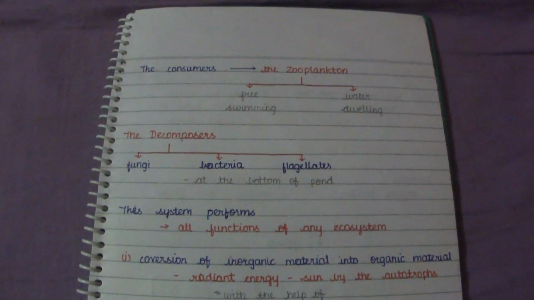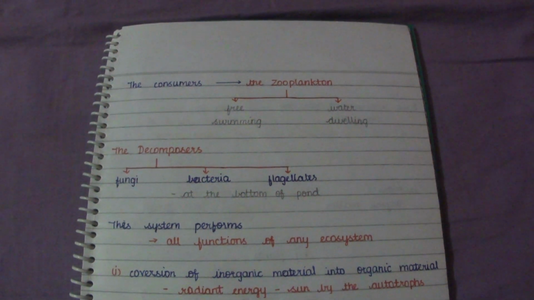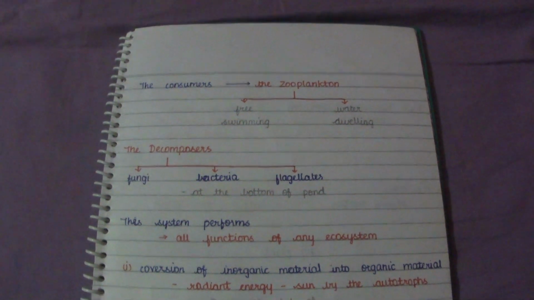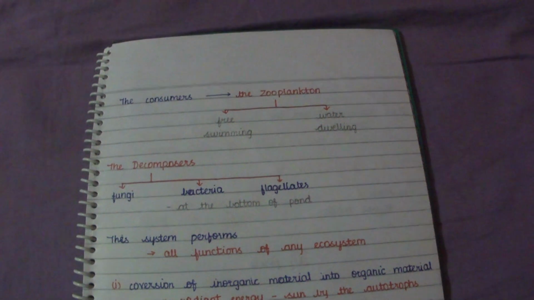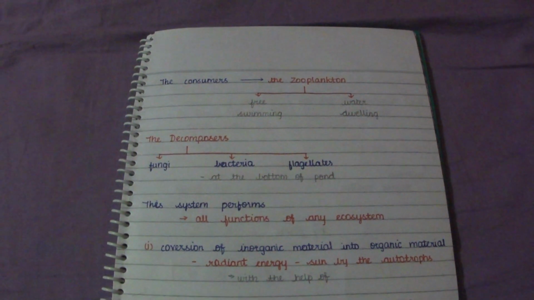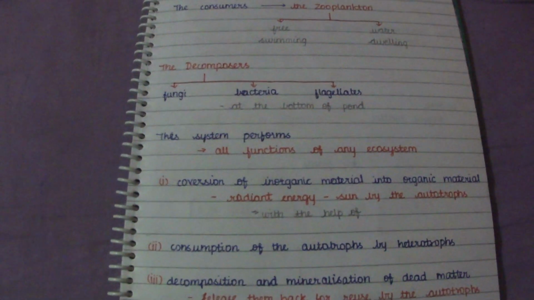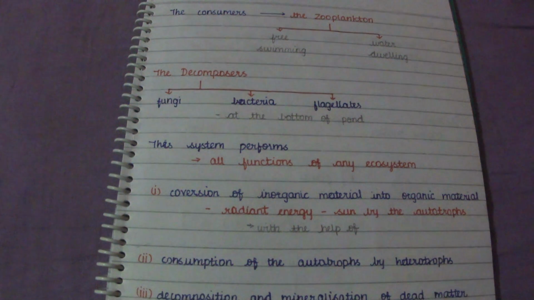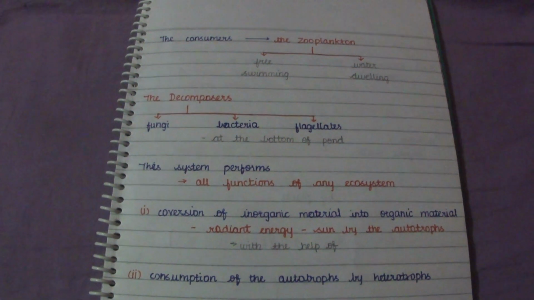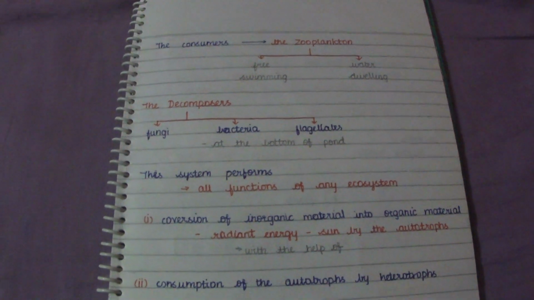The consumers are represented by the zooplankton, the free swimming and bottom dwelling forms. The decomposers are bacteria, fungi, and flagellates, which are also at the bottom of the pond, where the rich soil deposit is also found.